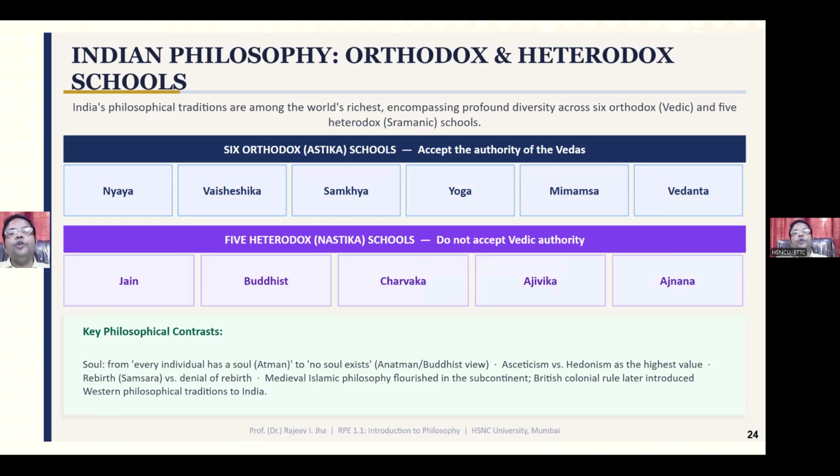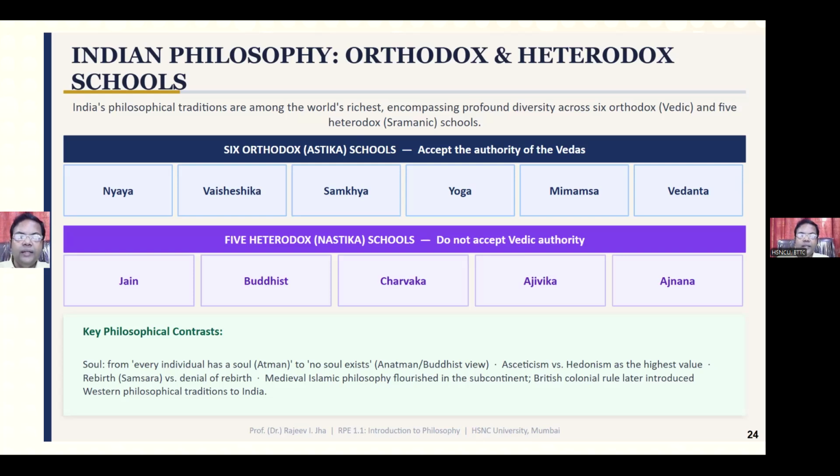The 6 orthodox or Astik schools, Nyaya, Vaisheshika, Sankhya, Yoga, Mimamsa, and Vedanta, share the common ground of accepting the authority of the Vedas. But beyond this, they differ profoundly.